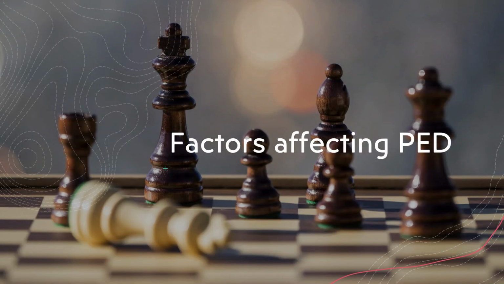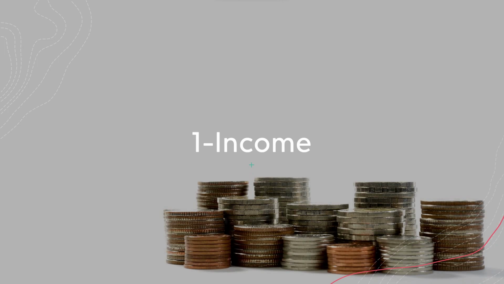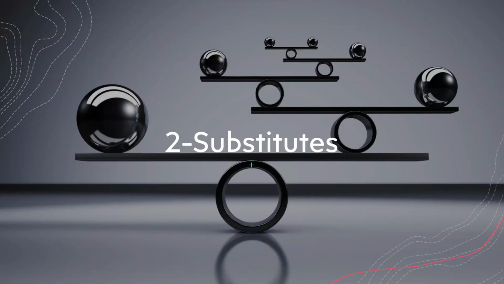There are several factors which determine the price elasticity of demand. Number one is income. Where a good constitutes a small proportion of consumers' income spent, then a small price change will be unlikely to have much impact. Therefore, the demand for unimportant items such as shoe polish, matches, and pencils is likely to be very inelastic. 2.